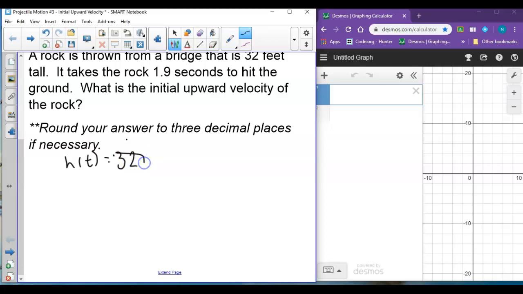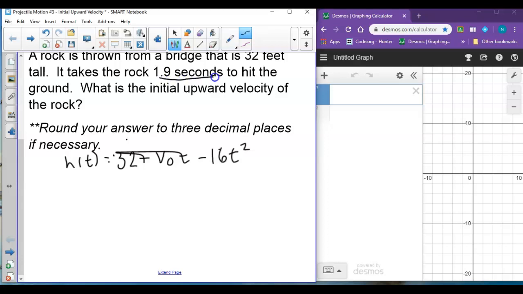And then we will add to that, I do not know what v sub 0 is right now, so I'm just going to leave it as v sub 0, and then minus 16t squared.